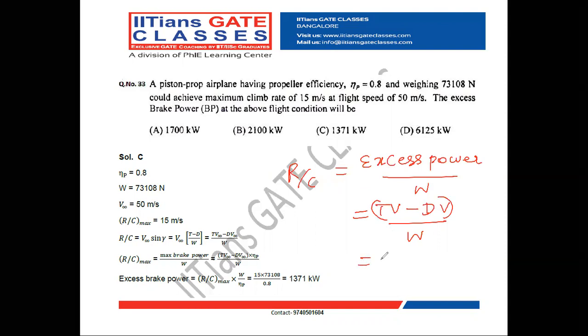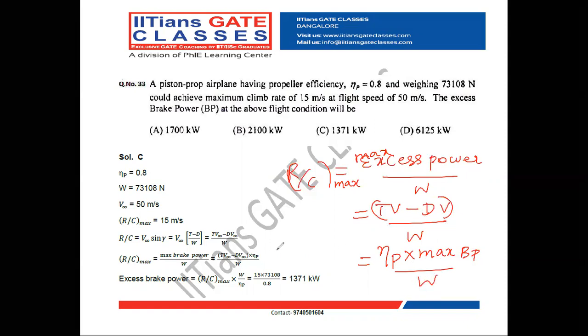So this can be written as eta P into maximum brake power. If rate of climb is maximum, the excess power is maximum. So maximum excess power can be rewritten as eta P into maximum brake power divided by weight.